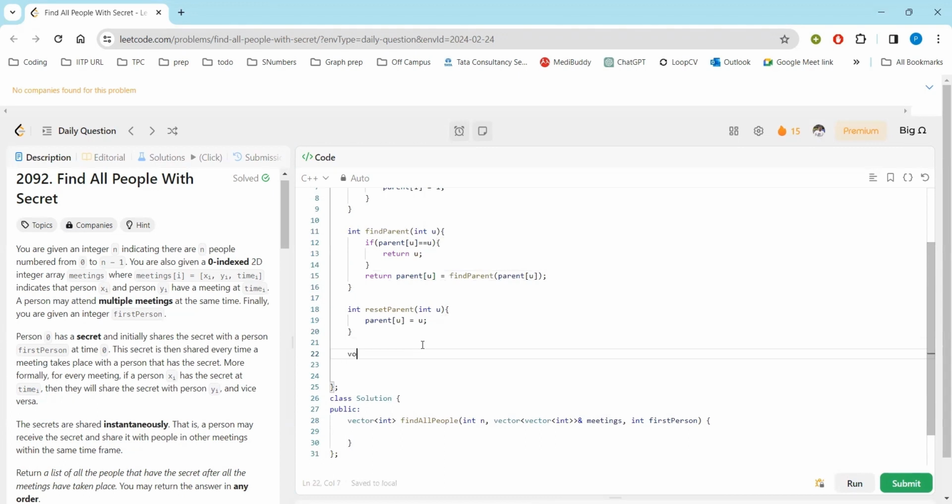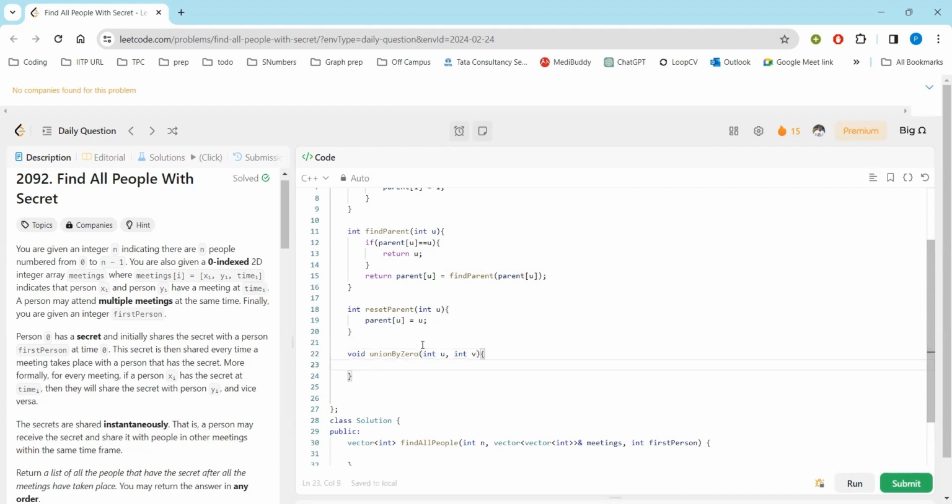Now we will do a union by zero. Instead of rank, this time we will do a union by zero. That means we will see if the ultimate parent is zero or not. If the ultimate parent is zero, then we will mark the parent as zero.